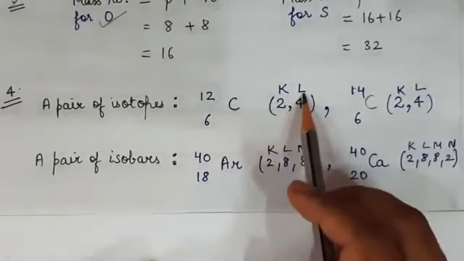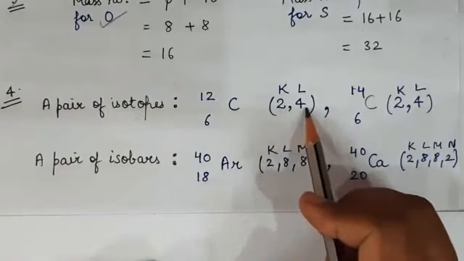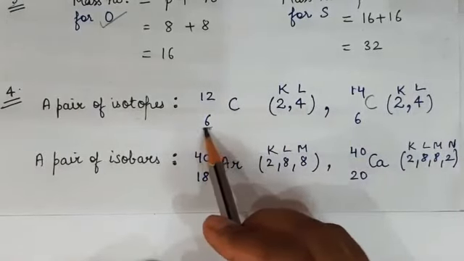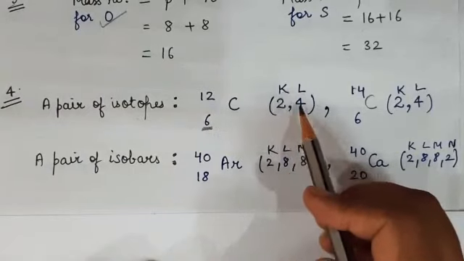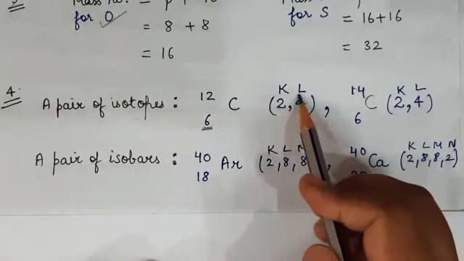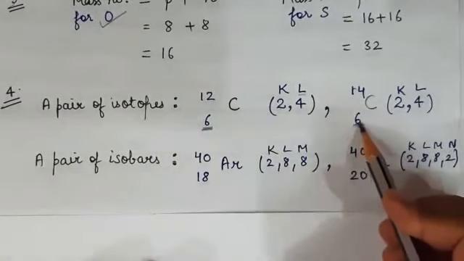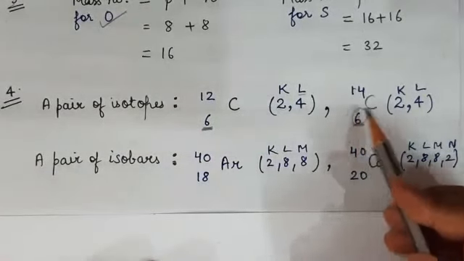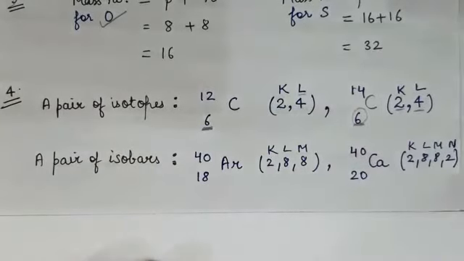So what is the electronic configuration? Electronic configuration is written on the basis of atomic number. So atomic number is 6. So electronic configuration is 2 in the K shell, that is first shell, and 4 electrons in the second shell, that is L shell. Same here, atomic number 6, sorry. So 2 electrons in the first, 4 electrons in the second.